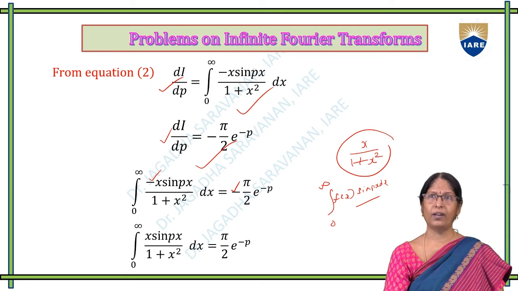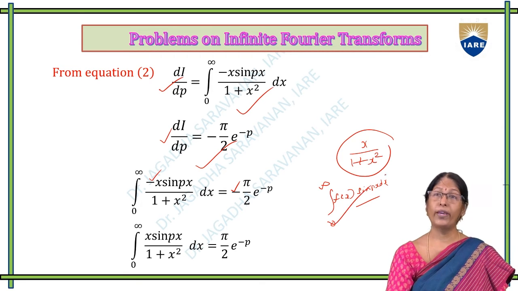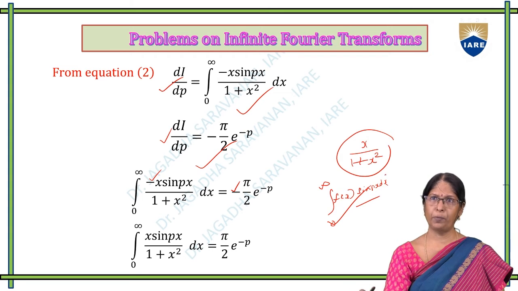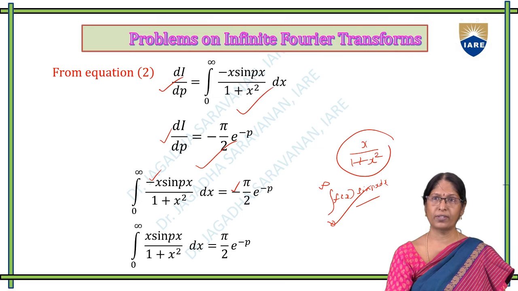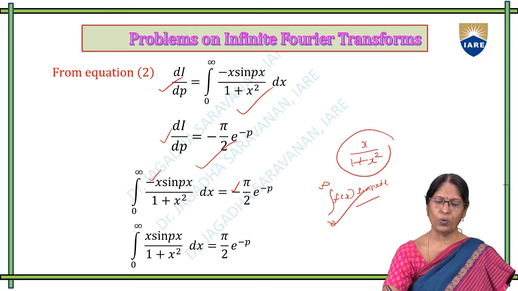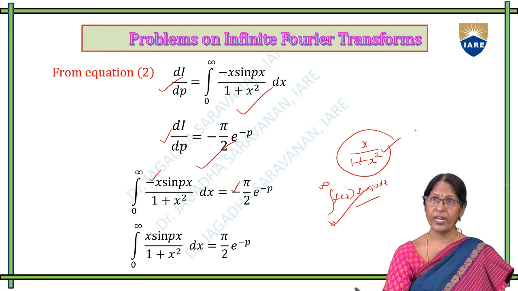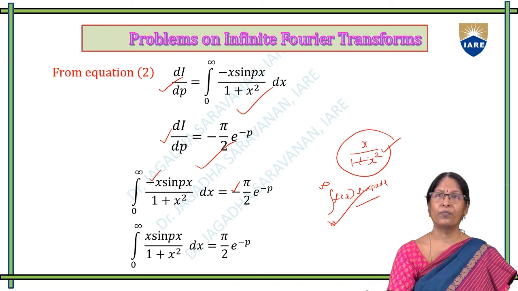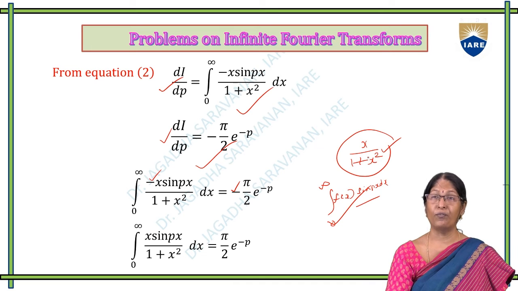But for the second part, instead of using this formula, we are skipping these steps entirely, and using the result we obtained from the Fourier cosine. With that Fourier cosine help, we are going to find the Fourier sine of the function x by 1 plus x square. That is a small trick.